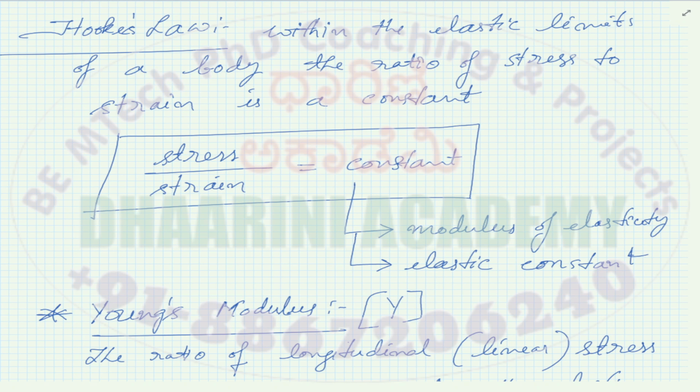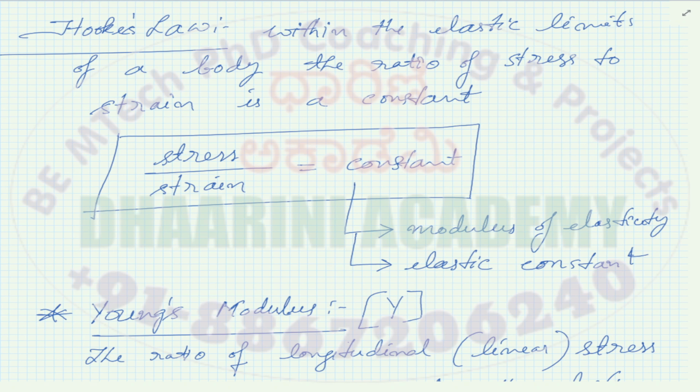The first name given is Young's modulus of a body. This is denoted by capital Y. If you take the ratio of linear or longitudinal stress of a body to the linear or longitudinal strain of the body, stress by strain is the same, but it's longitudinal stress by longitudinal strain.